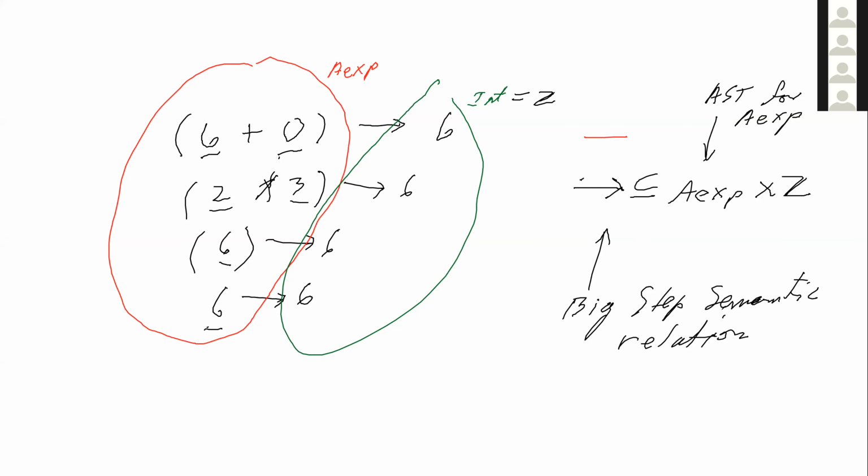And what we're able to do here, by these derivations that we're building, is show that, for example, 6 plus 0, comma 6 is in the arrow. And I think he sometimes starts labeling these later by like, A expression, because he gets a bunch of different ones.